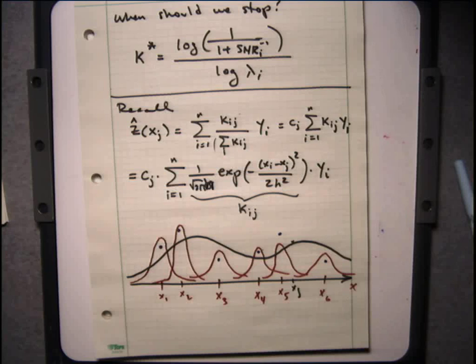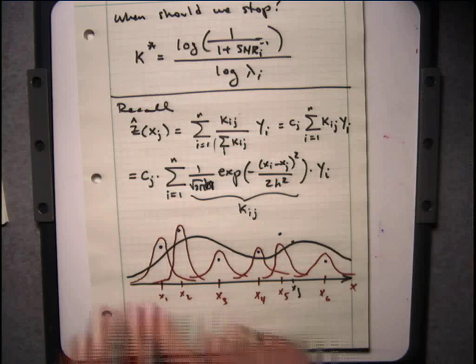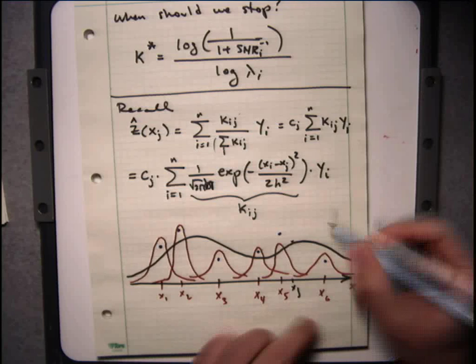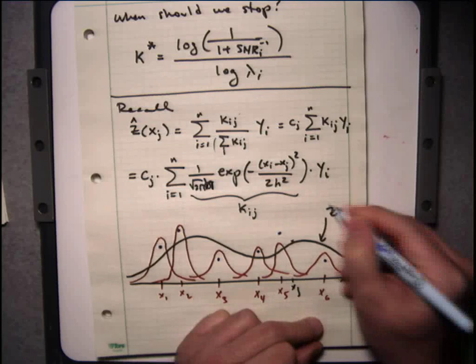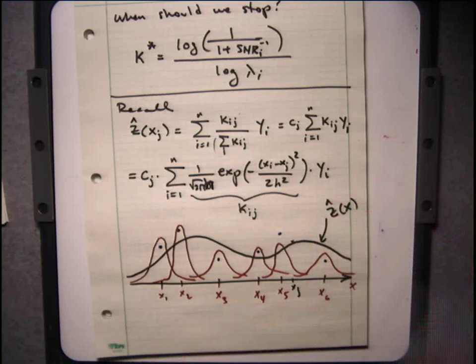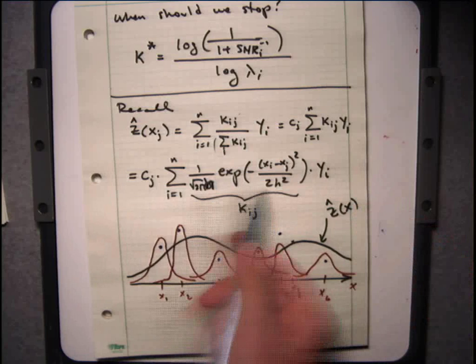One thing you notice from this is that the function that you reconstruct, this black curve, which is z hat of x for every x that you like, basically inherits the smoothness properties of the kernel that you picked.